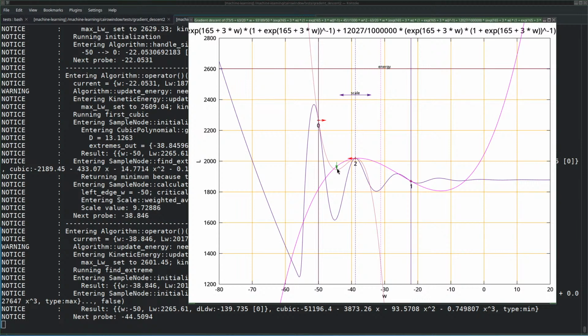Okay, so we have this point. Now imagine that this cubic also has a minimum within here.